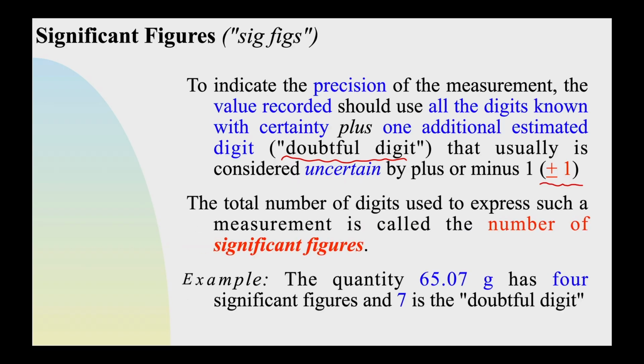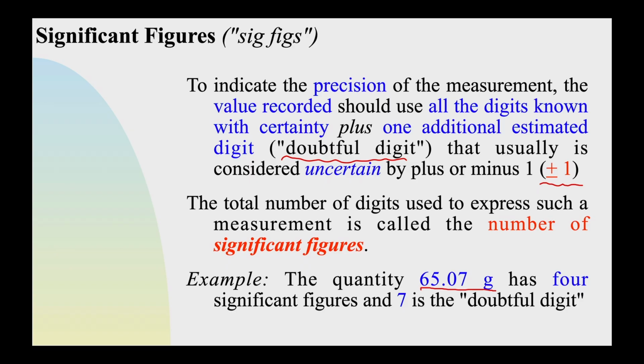So on these kinds of problems, if you have a number like 65.07, we have to know how many significant figures there are, numbers we have some confidence in, but we also want to know which one is the uncertain or doubtful digit. So a number like 65.07 has 4 significant figures.